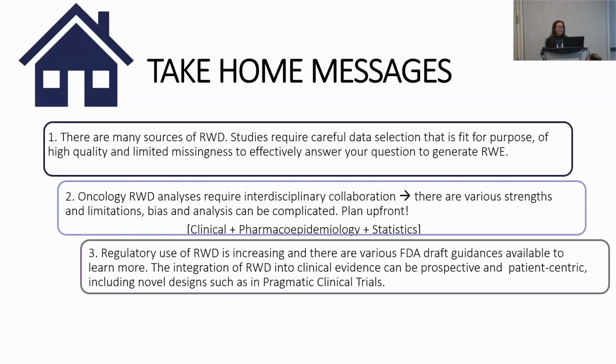Collaboration, I think, is so important and a strength that we can really bring forward to think about and plan our analyses up front. And regulatory use of real-world data is increasing. So consult our guidances, and the integration of real-world data into clinical evidence can be prospective, patient-centric, and include novel designs such as pragmatic clinical trials.